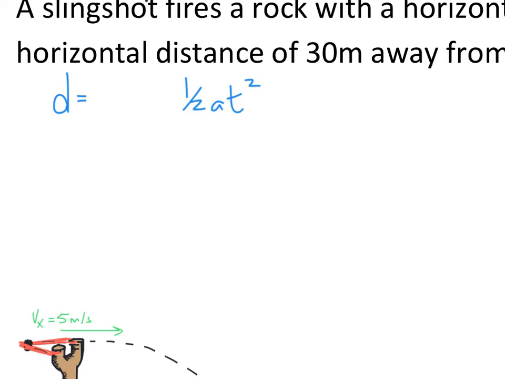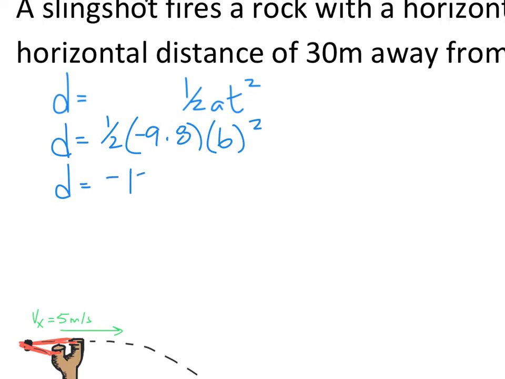Okay, so if I substitute, d is my height that I'm trying to find, 1/2 times the acceleration of gravity times time, which we said was 6 seconds, squared. So 6 squared times negative 9.8 times 1/2 gives me negative 176.4 meters.